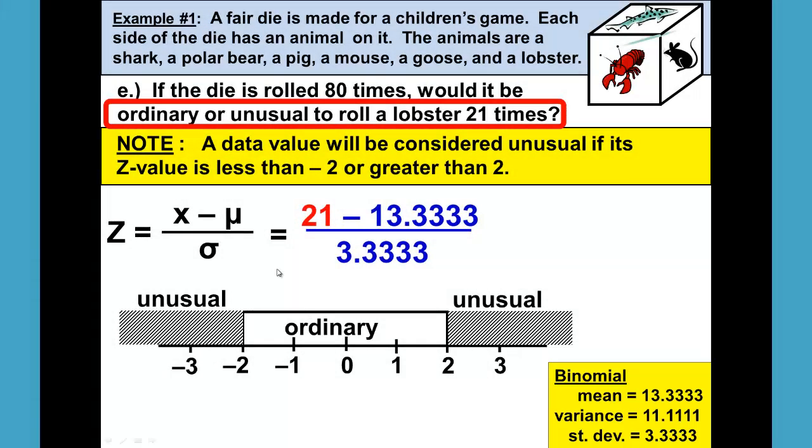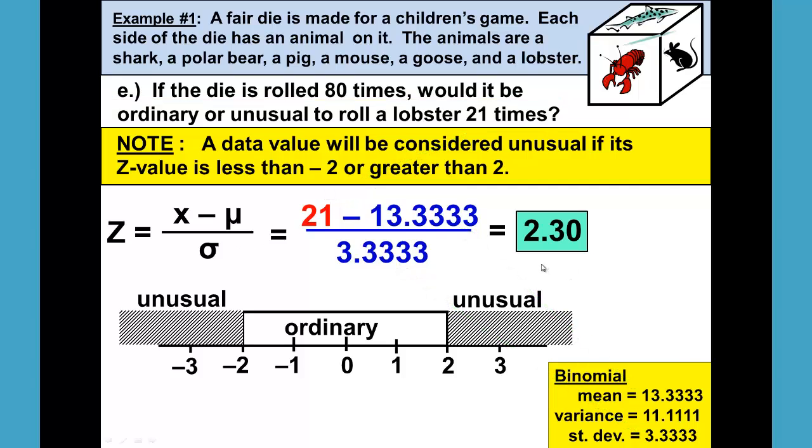So, since we're dealing with a lobster, would it be unusual to roll a lobster 21 times? 21 is our x, minus the mean of 13.3333, divided by the standard deviation of 3.3333.